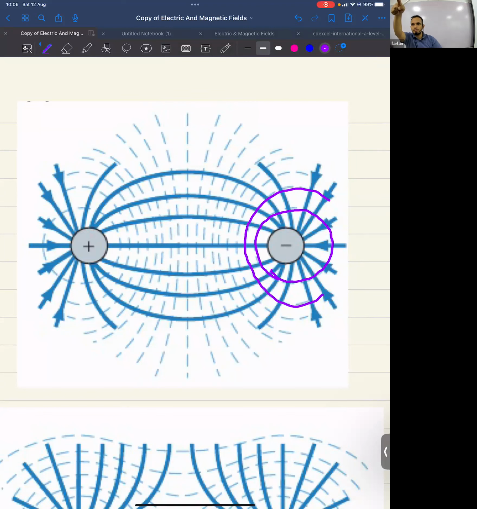Understood? Yes, sir. So you told the electric field line should be away from the positive side. Yes, I was also about to tell that. Ignore the field lines in this diagram. This is wrong. Just don't copy the field lines from this. Anyway, you are done with the field lines. Only mark the potential.